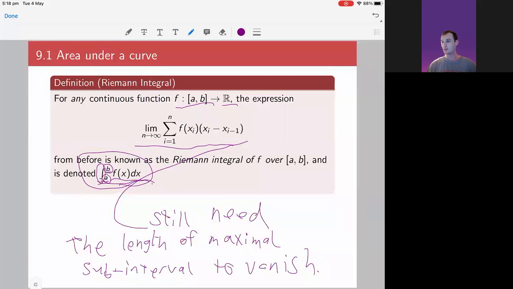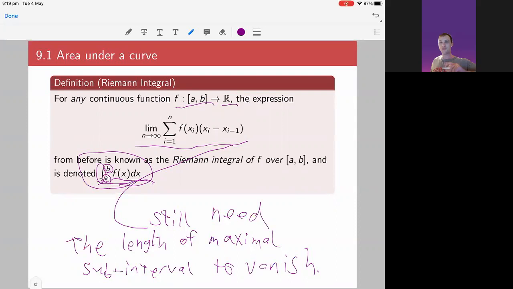What is the difference between my definition of the Riemann integral and the definition of area underneath the curve? No one knows what the difference is.